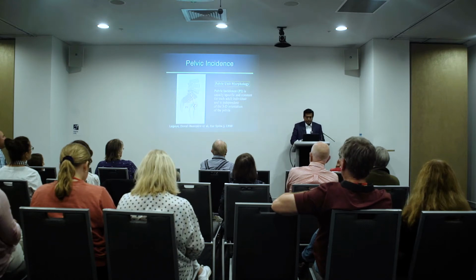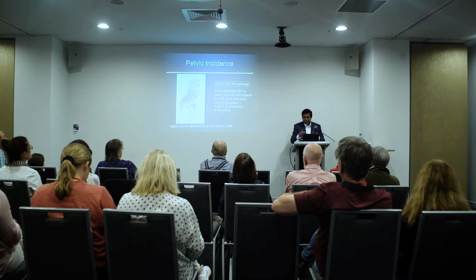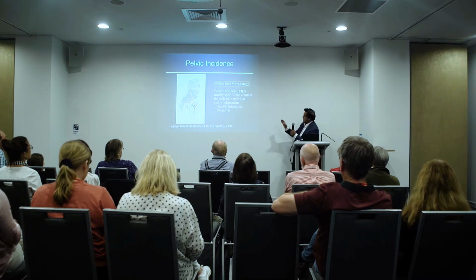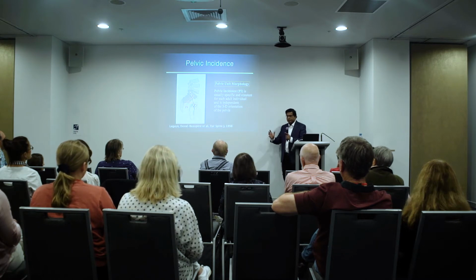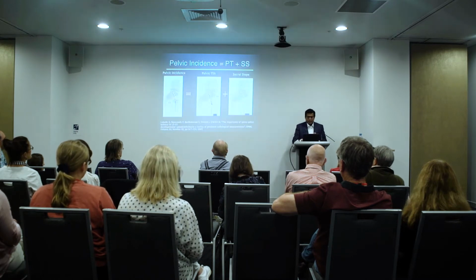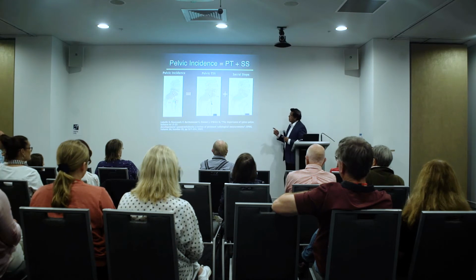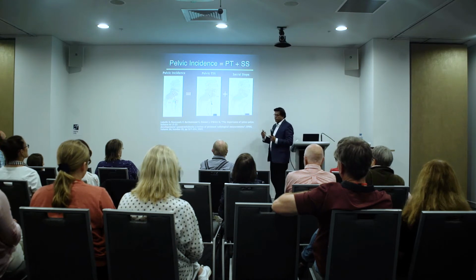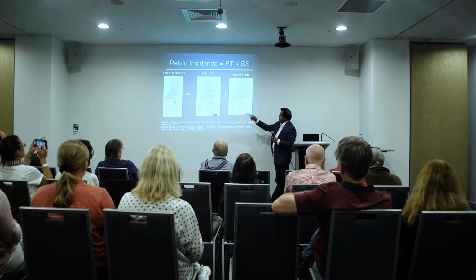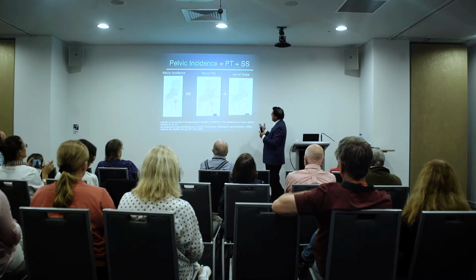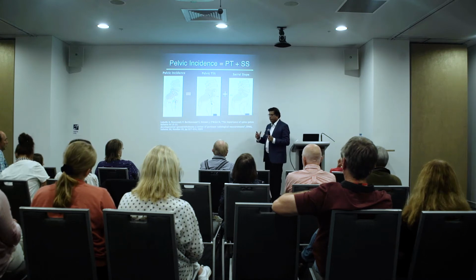And the pelvic incidence, again, this slide shows that it doesn't change depending on the 3D orientation of your pelvis, because it turns around your hip joint. So the pelvic incidence is a constant. The pelvic incidence equals pelvic tilt plus sacral slope. So someone with a high pelvic incidence would have a high sacral slope, and these two things are inversely proportional. If you have a high sacral slope, you'll have a lower pelvic tilt.